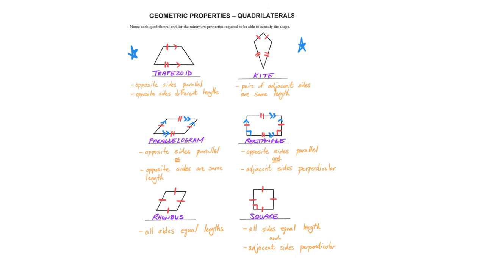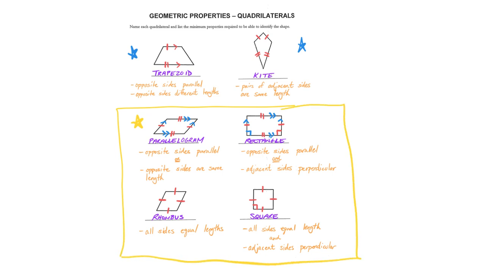Now what I want to do is focus in and take a peek at your parallelogram, because those last four shapes are all parallelograms. Yes, a rectangle is a parallelogram. We've already talked about that. But a rhombus is also a parallelogram. It just happens to be a special parallelogram, because the only way I can enclose that with four equal sides is also to say opposite sides are parallel, and that's a parallelogram.